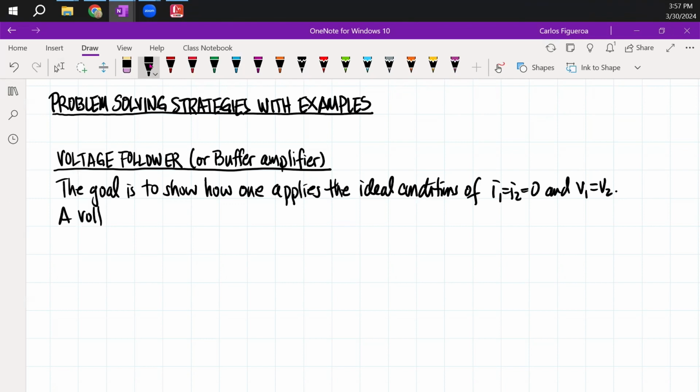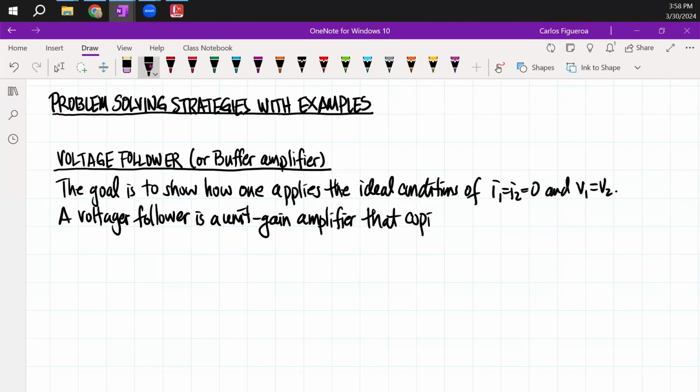A voltage follower is a unit gain amplifier that copies a signal from one circuit to another.